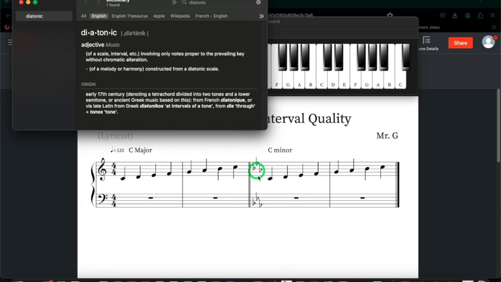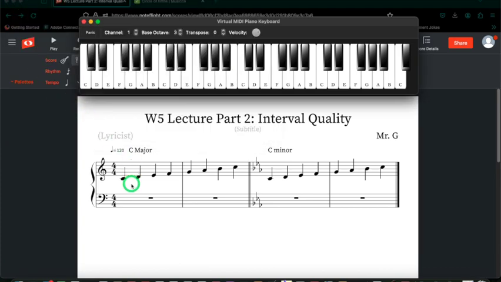And you use a diatonic scale, again, no extra stuff added, to help you find major and minor interval qualities. We'll start with major. C. Let's go back to the third that we made earlier.